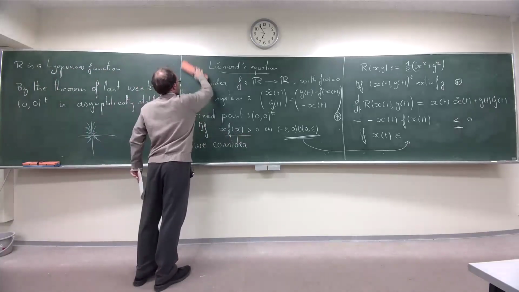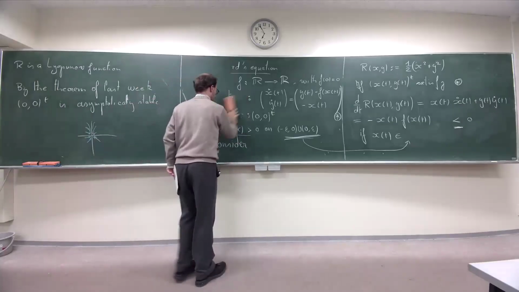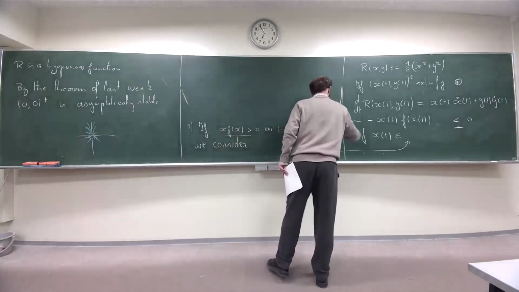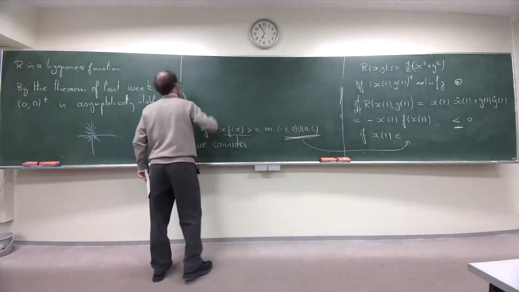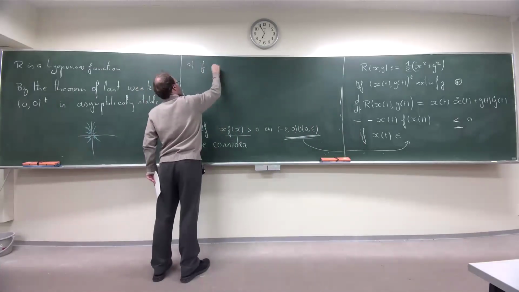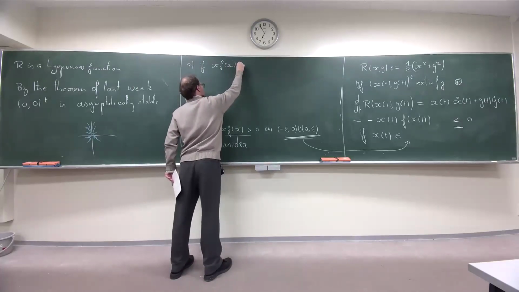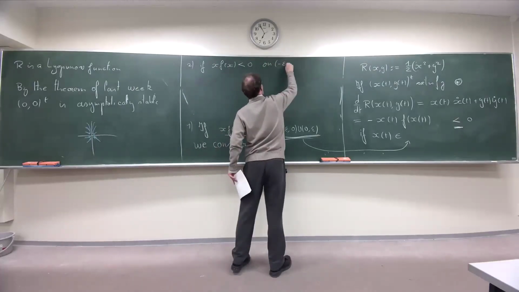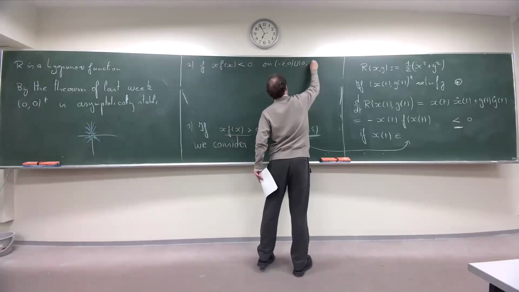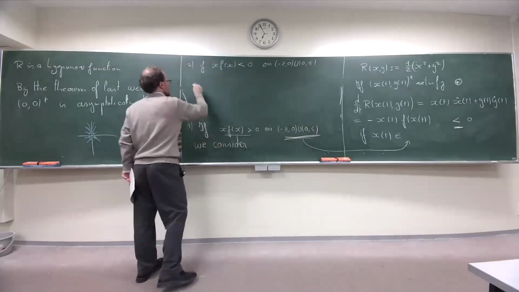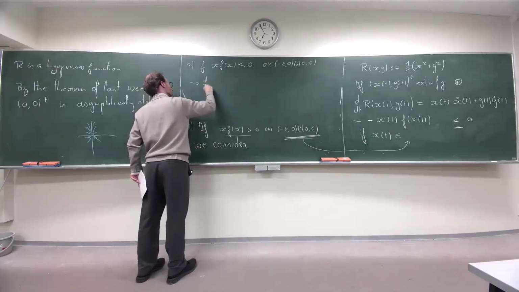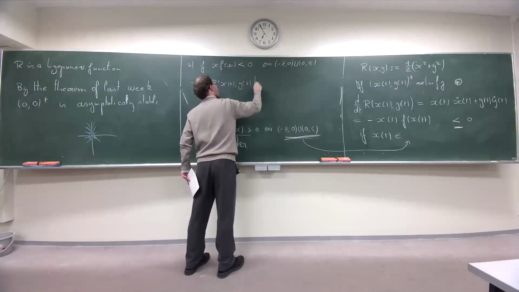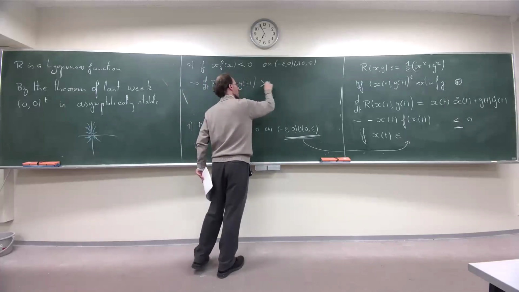Now, you can guess the other case, if this is negative. So this is the second case. If f of x is negative on the same interval, minus epsilon 0 union 0 epsilon, you can do the same computation, and what you obtain is that d over dt of this function R of x(t), y(t) is now strictly positive.